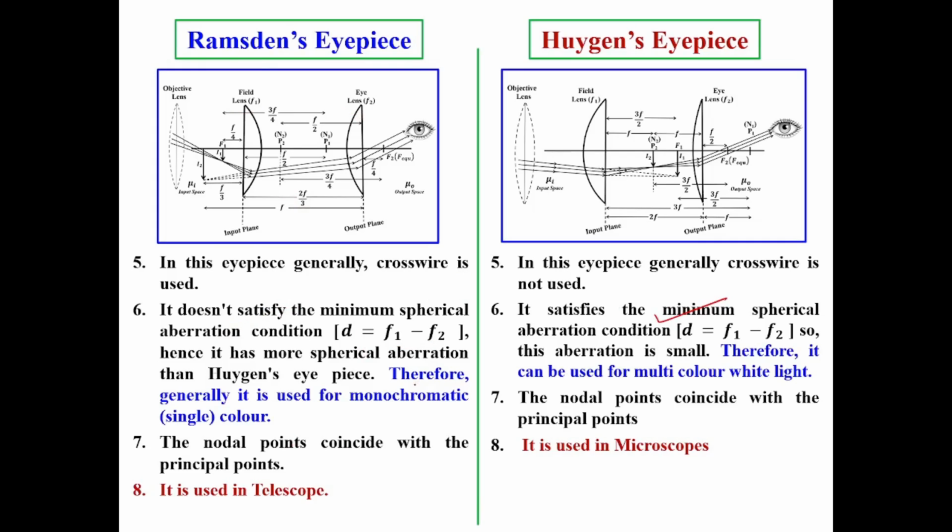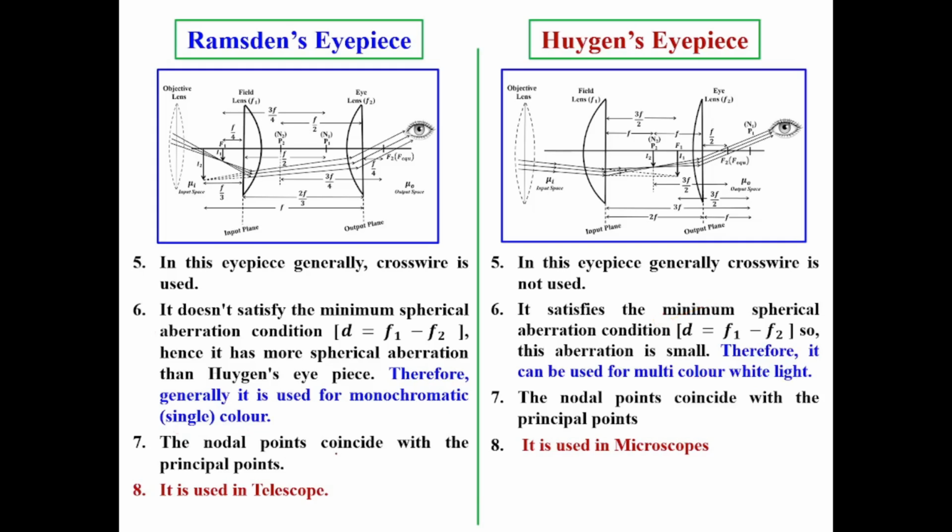Only for that I have written, therefore generally it is used for monochromatic color or single wavelength. Which one? The Ramsden eyepiece. But as the Huygens eyepiece obeys the spherical aberration condition, it can be used for multicolor or white light. Okay, you just remember this is also one important point.